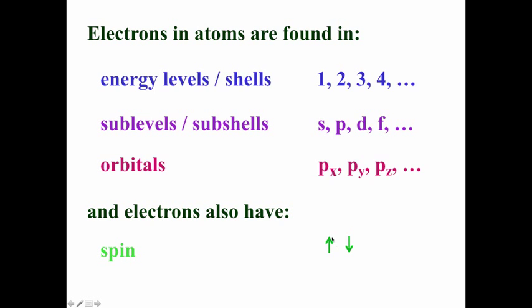And so we often designate an individual electron by an arrow, and either it points upward, indicating it has a spin up, or it points downward, indicating it has a spin down. And then we'll place these in the rooms in the electron hotel according to the rules the electrons follow in terms of how they are organized in the electron hotel.